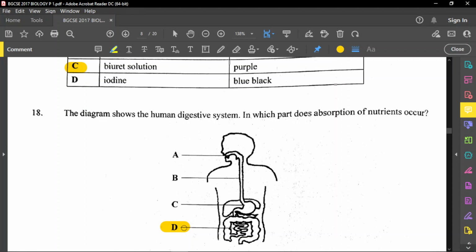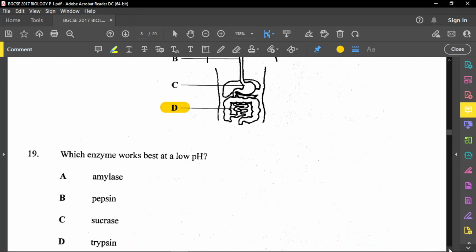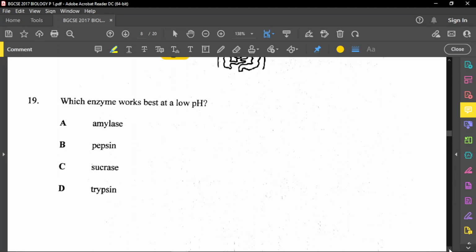I'm telling you, please make sure you spend time going through the systems of the body. Excretion, the kidneys, the liver function, make sure you know that. Use of enzymes, please make sure you know those things. You will get questions on those, I could tell you that. And reproduction, you might see questions on reproduction. Digestion too. So please spend some time, go through the systems of the body.